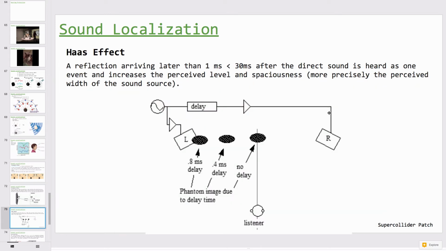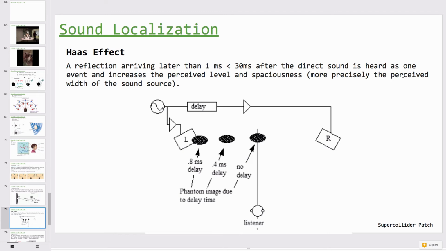All right, there's another phenomenon known as the Haas effect, and this has to do with stereo spacing. It's a trick a lot of producers use to make a mono signal sound like it's a stereo signal. It sounds like it's coming from both speakers. So a reflection arriving 1 to 30 milliseconds after the direct sound, if it's no later than about 30 milliseconds, you're still going to perceive those two signals as one, right?